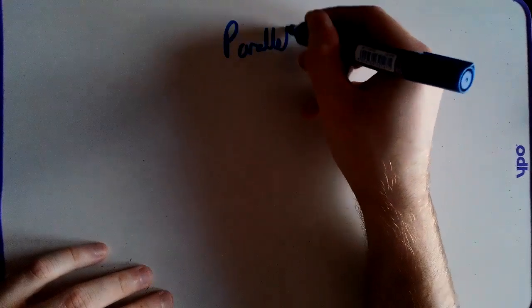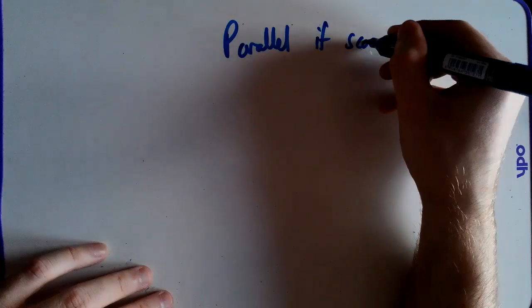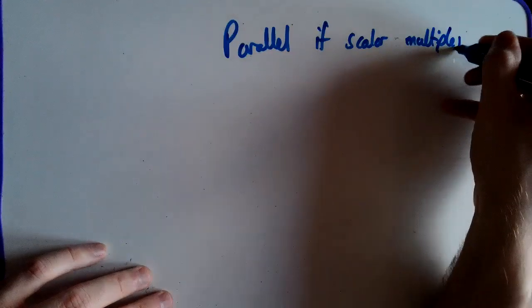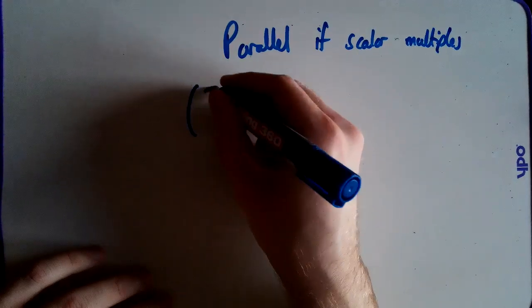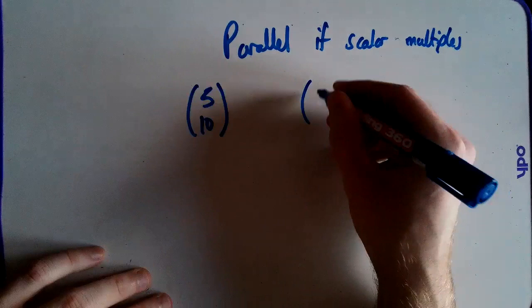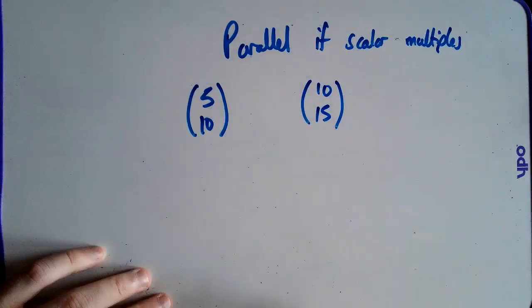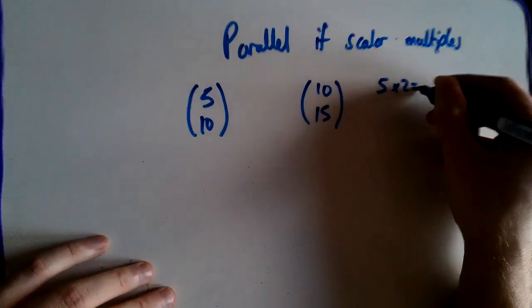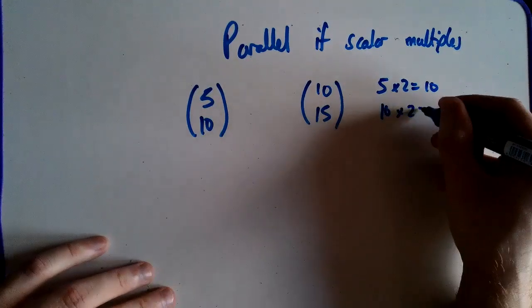But very quickly, two vectors are parallel if they are scalar multiples. Scalar just means a number, not a vector. So for example, (5, 10) and (10, 15) are not scalar multiples, because 5 times 2 is 10, but 10 times 2 is 20.